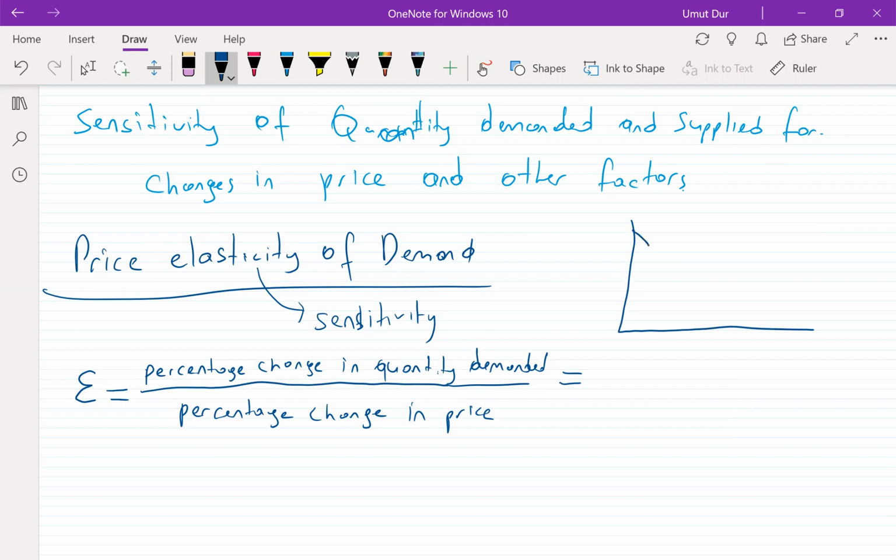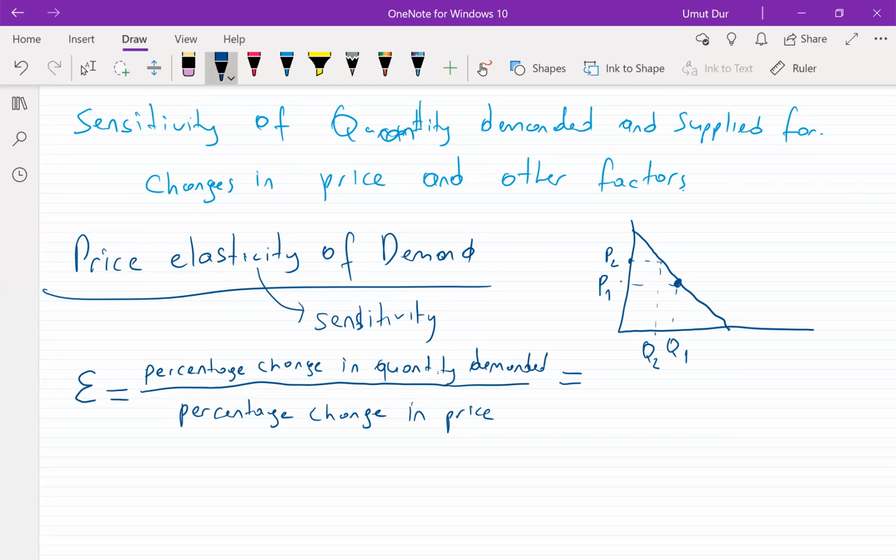If you just think about this is the price, this is the demand curve, and suppose that we are looking at this initial price, P1 and Q1, then we are saying, what if the price of the good has increased to P2, now we will have a new quantity.